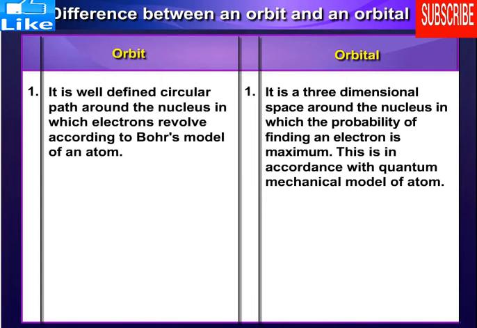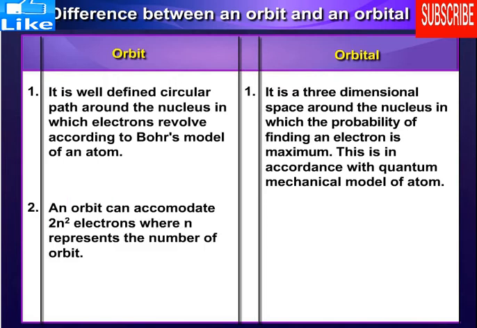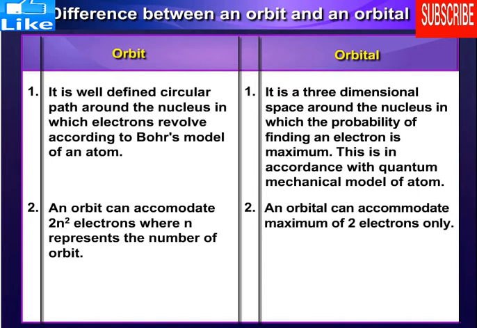This is in accordance with the quantum mechanical model of atom. 2. An orbit can accommodate 2n² electrons, where n represents the number of the orbit. 2. An orbital can accommodate a maximum of 2 electrons only.